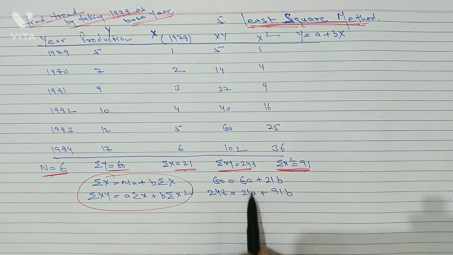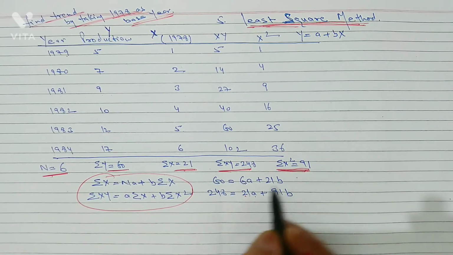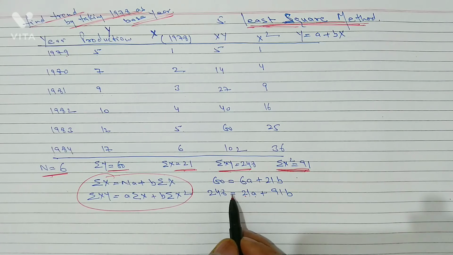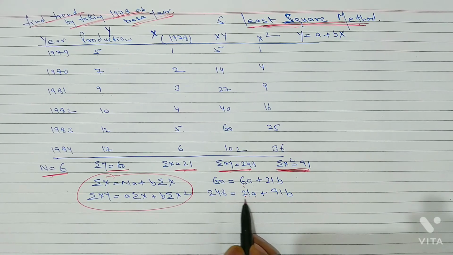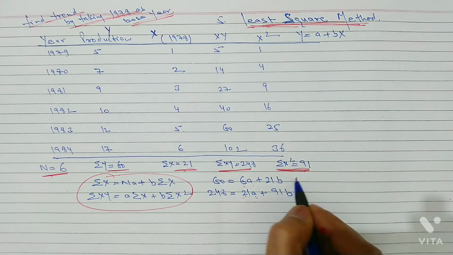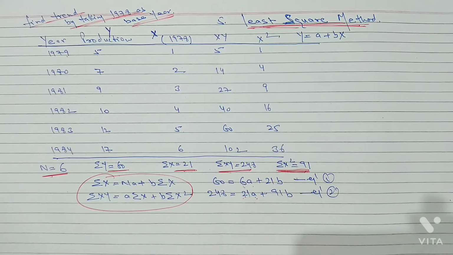Now this is 6a and 21a. To equalize the coefficients of a, name these equation number 1 and equation number 2.